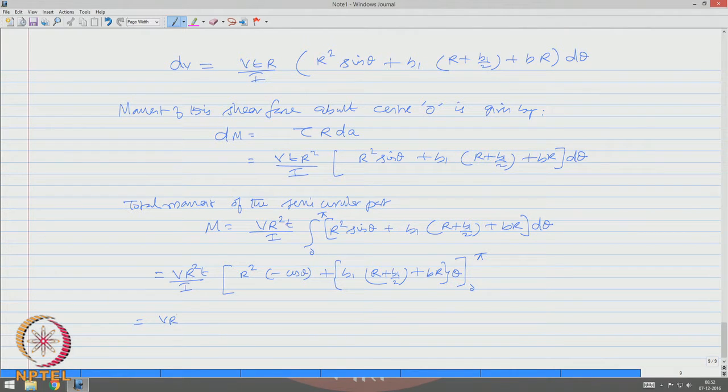By substituting the upper and lower limits, we will get r square times minus cos pi plus cos 0, plus b 1 of r plus b 1 by 2 plus b r times pi, which leads to v r square t by I, r square times 1 plus 1, plus pi times b 1 of r plus b 1 by 2 plus b r.